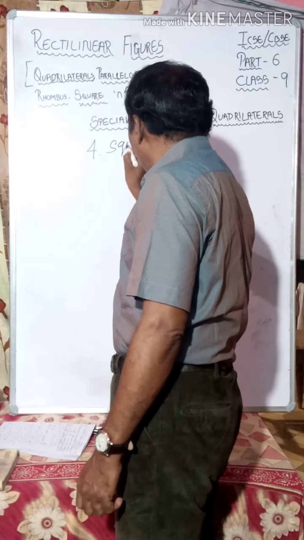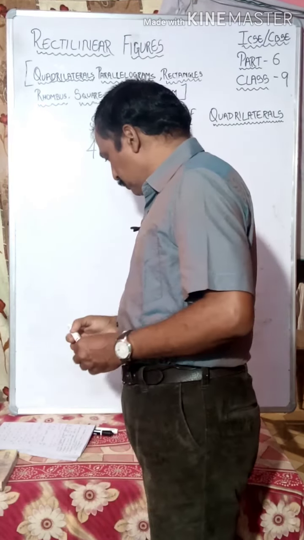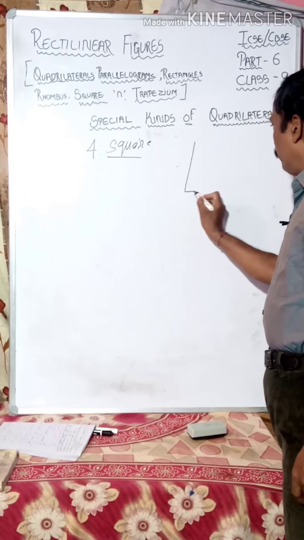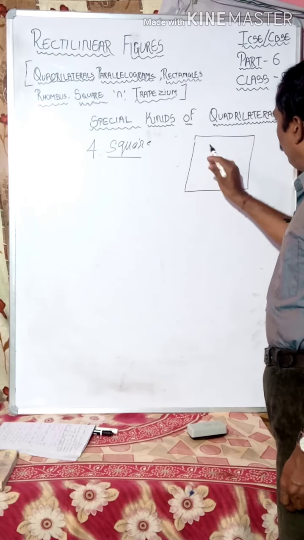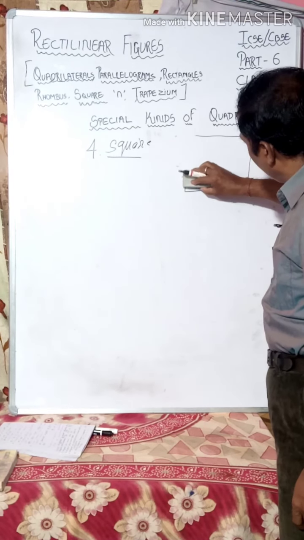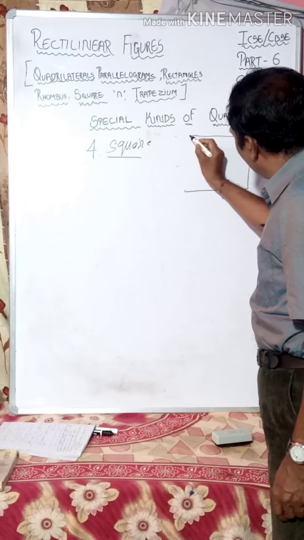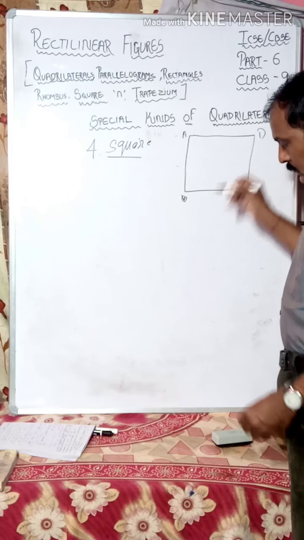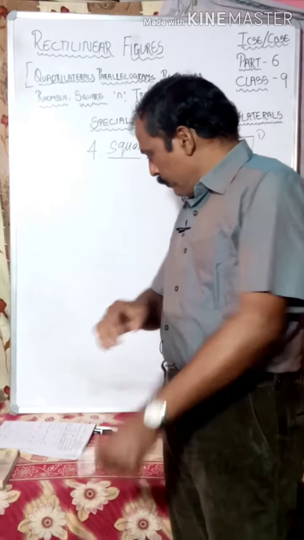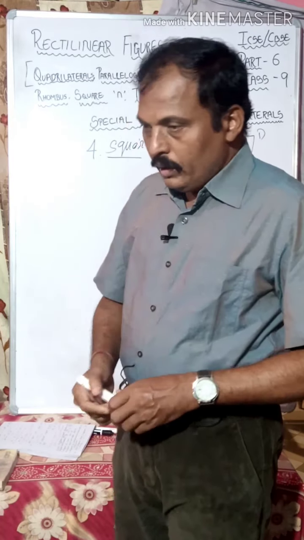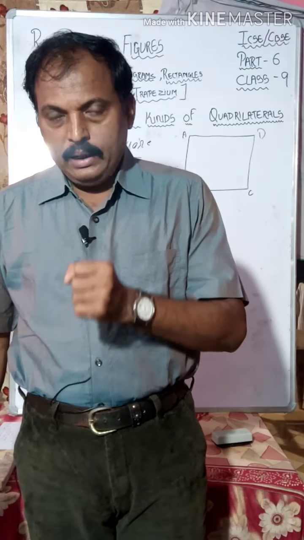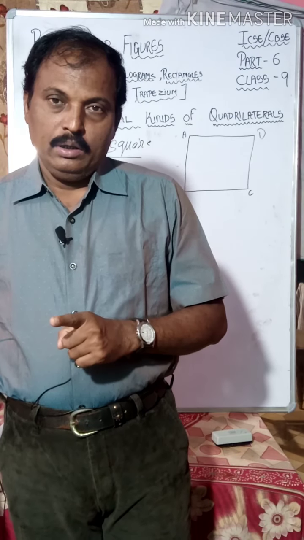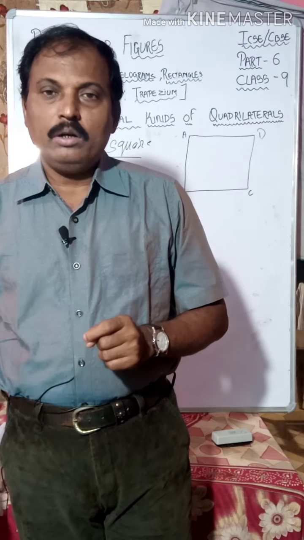Square. This is a square. ABCD is a square in which all sides are equal, and each angle measures 90 degrees.